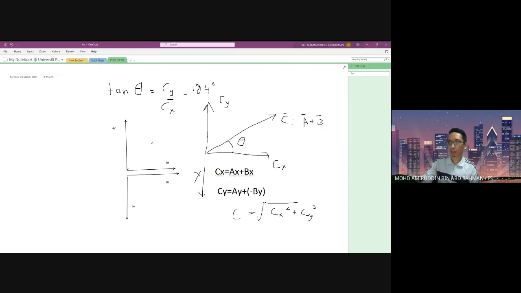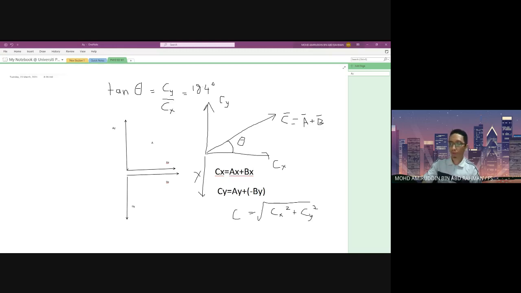And C is the inverse of that. So you start with vector B first.